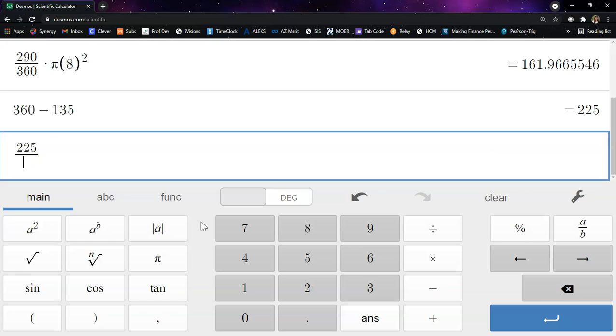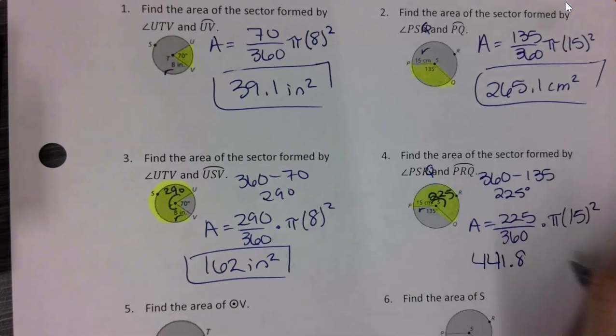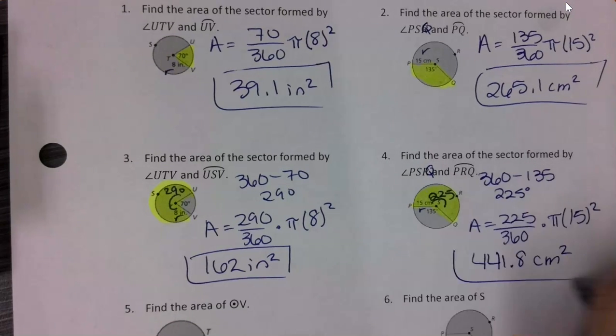Oh, 360. Okay, so this one is going to get me 441.8. And then my units here is centimeters squared.